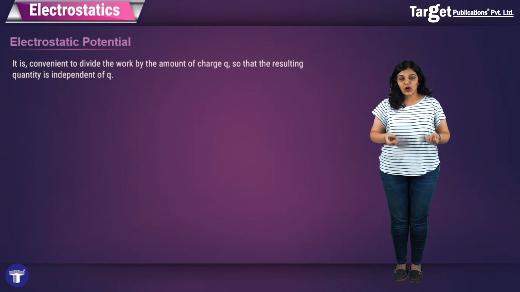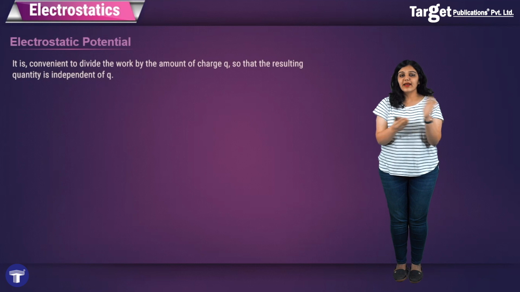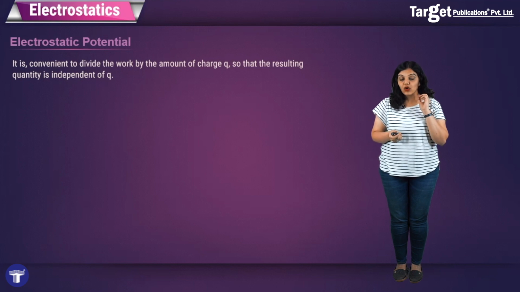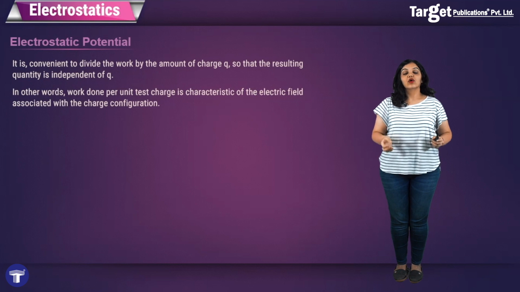And because this quantity is independent of Q, which means it is independent of how much charge you put at a point, it means that the electrostatic potential will be measured to be the same by anybody, independent of how much charge you put. And it also means that this is therefore a characteristic of the electric field, which means that this is a property of the field itself.